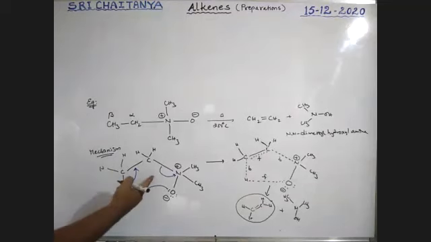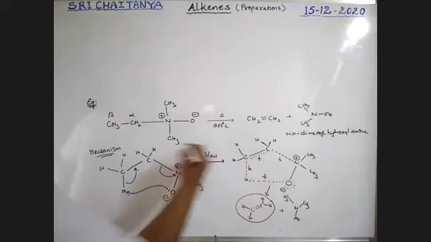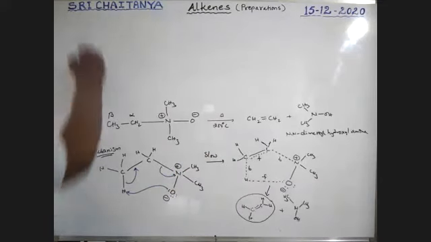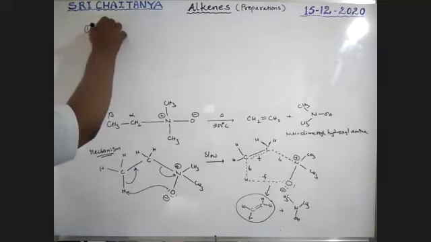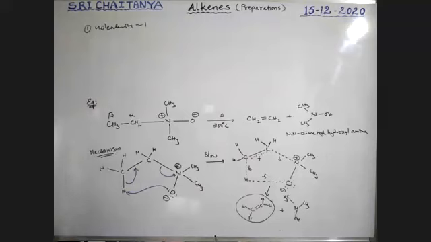Here, only one molecule is involved in the reaction. It is the slowest step. Therefore, first point, molecularity is equal to 1. Next, within the molecule, this group acts as base to this one.